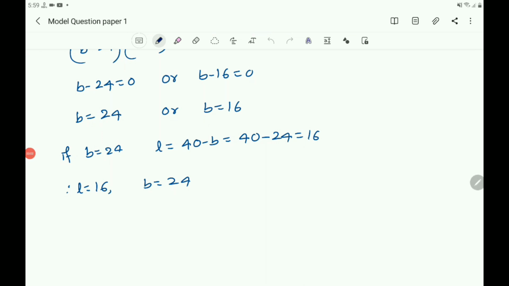Then you write length and breadth are 16 meter and 24 meter. If L equals 16 meter, then b equals 24 meter, or if b equals 16 meter, then L equals 24 meter.